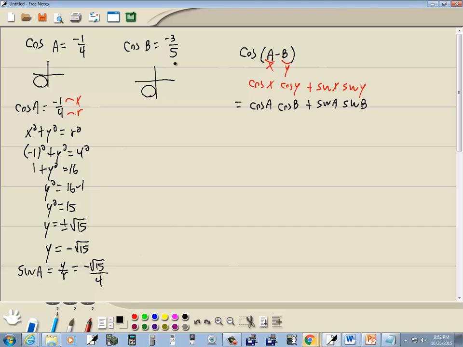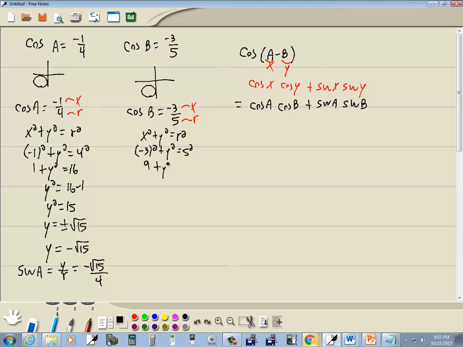Now we also want to do the same thing with this one. So cosine B is equal to negative 3 over 5. Cosine again is x over r. So we're going to have x squared plus y squared is equal to r squared. So negative 3 squared plus y squared is equal to 5 squared.